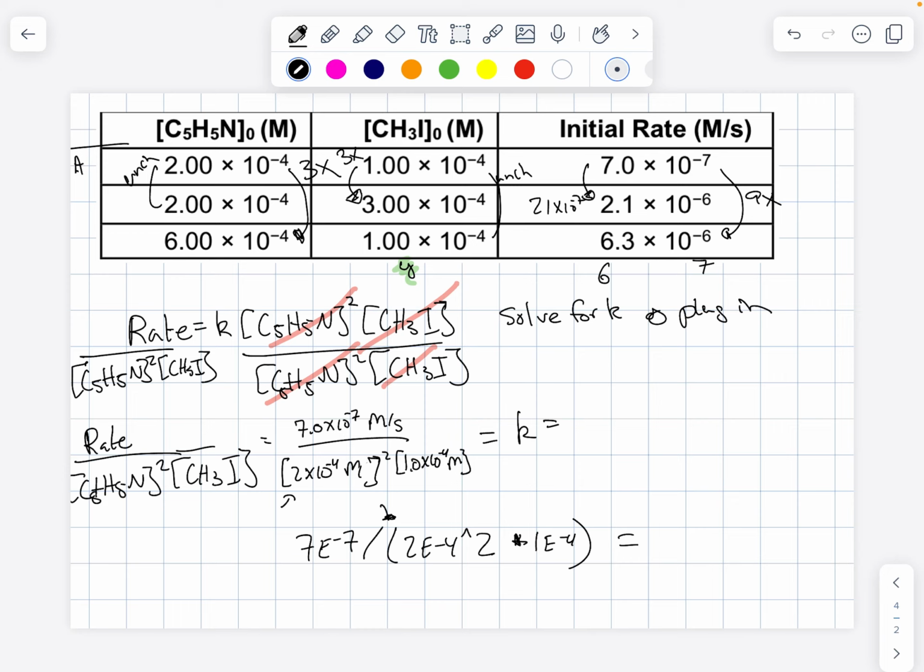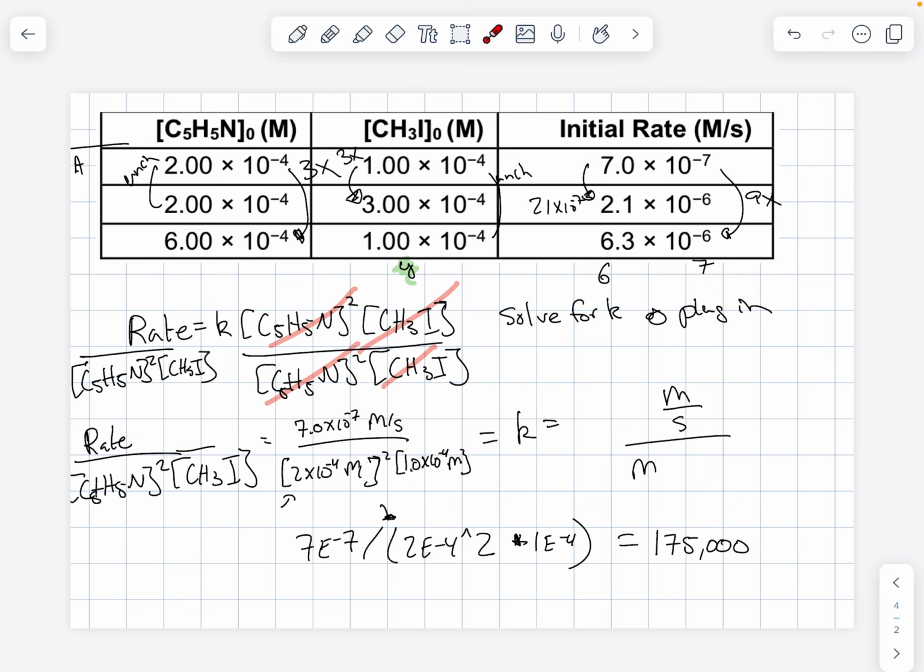When you do that, you should get your final answer here, which is 175,000. Then the units, we just apply that math to the units. We have molar per second over, since we have molar squared here, molar squared times molar. We can cancel 1 power of molar, and we get 1 over molar squared seconds as the units there.